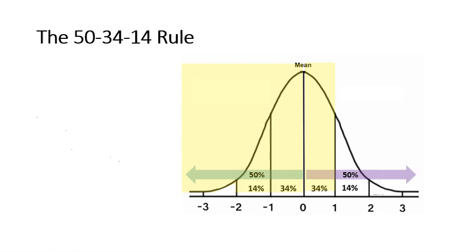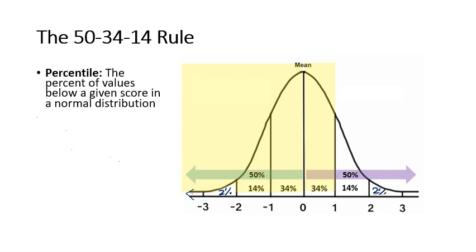So here is the content that we just talked about, written up in a little bit different way. And let's go ahead and add the 2% to the tail down here, approximately 2%, and 2% here, and that accounts for all of these going off into infinity. So, what is a percentile?